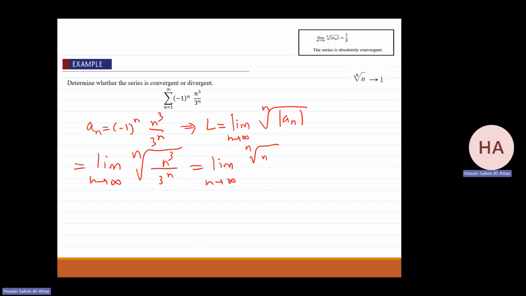The nth root of n cubed over the nth root of 3 to the power n. Change it into powers, I think it is better. This one will be n to the power 3 over n, over 3 to the power n, all to the power 1 over n.